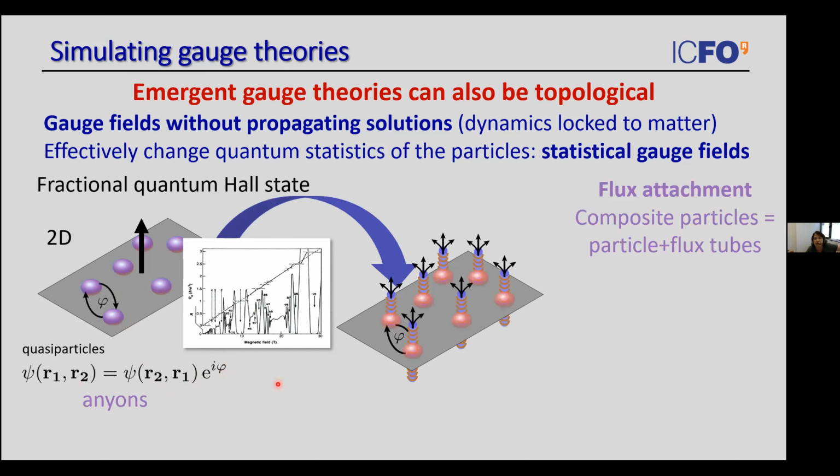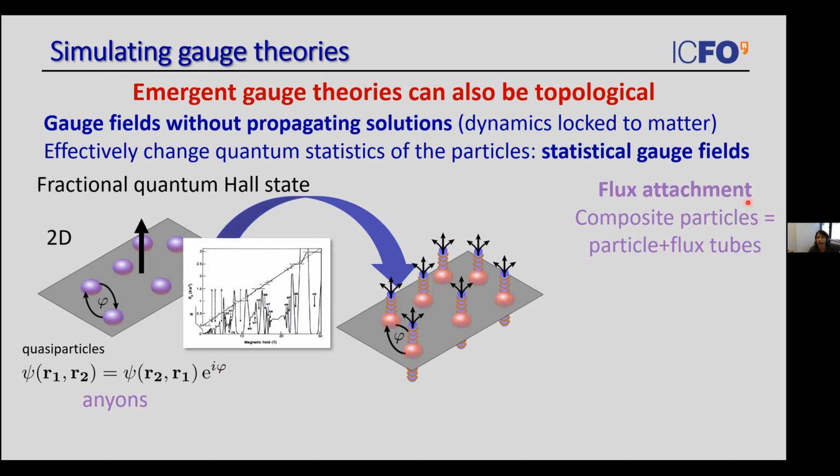It builds on the idea of Wilczek of flux attachment. You take non-interacting particles, the electrons, and you say, okay, all the effect of the interactions goes into the electrons grabbing part of the external applied magnetic field to form composite objects.